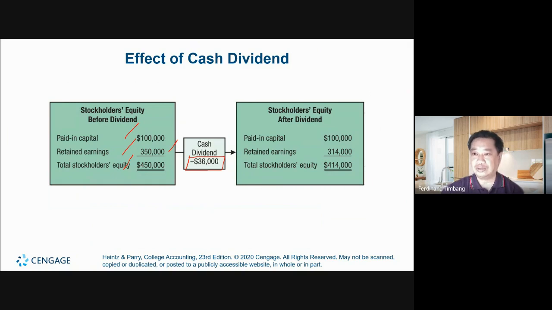So we deduct that from the retained earnings. That is why it is 314,000 after the dividend. The paid-in capital is not touched, only the retained earnings, particularly the retained earnings not appropriated.